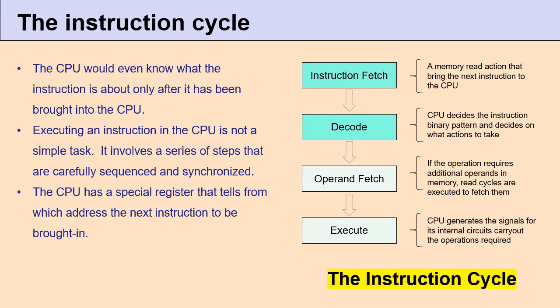The execution part is also like that. For some instructions, the execution will only have 1 or 2 steps, whereas for other instructions, it might have more than that. It might take a bit longer. So in a typical instruction, the fetch and the decode parts are fixed, or the time or the steps required for them are fixed, whereas the operand fetch and execution parts can vary from one instruction to another.